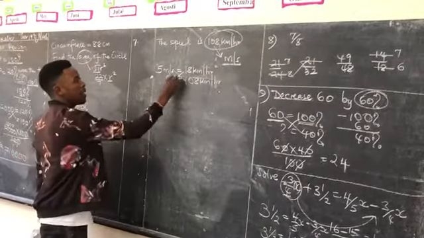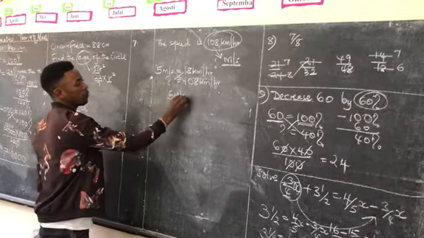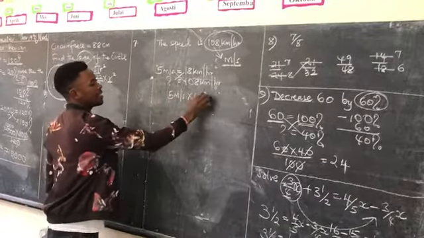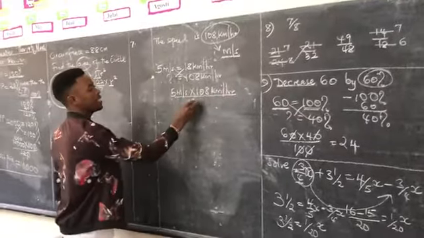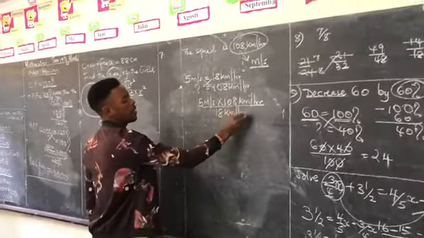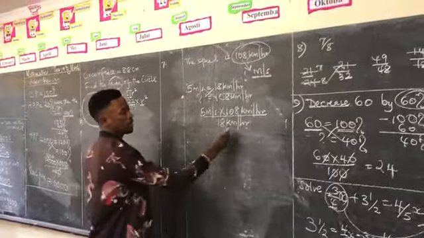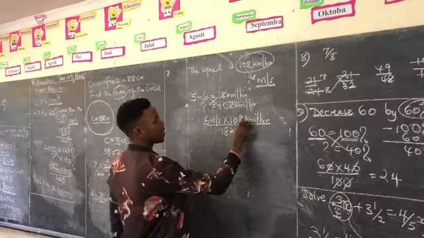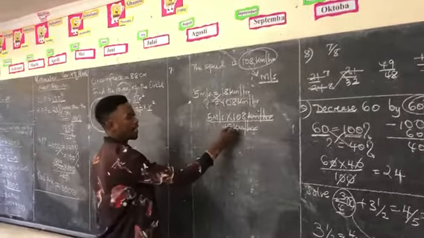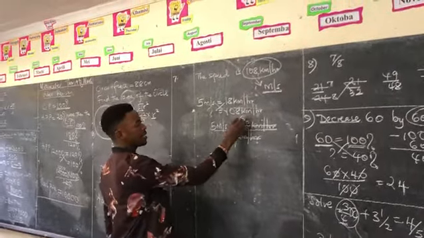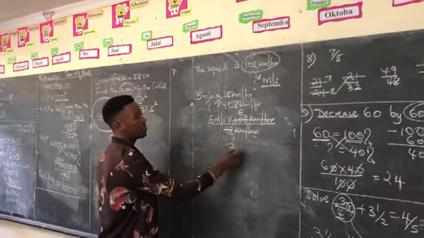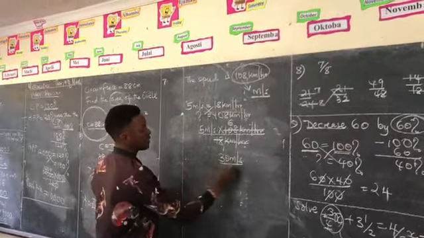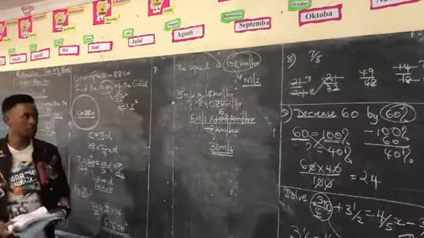You cross and multiply, that is 5 meters per second times 108 kilometers per hour over 18 kilometers per hour. So kilometers per hour cancels with kilometers per hour. 18 into 18 is 1, 18 into 108 is 6. So 5 meters per second times 6, that gives you 30 meters per second.